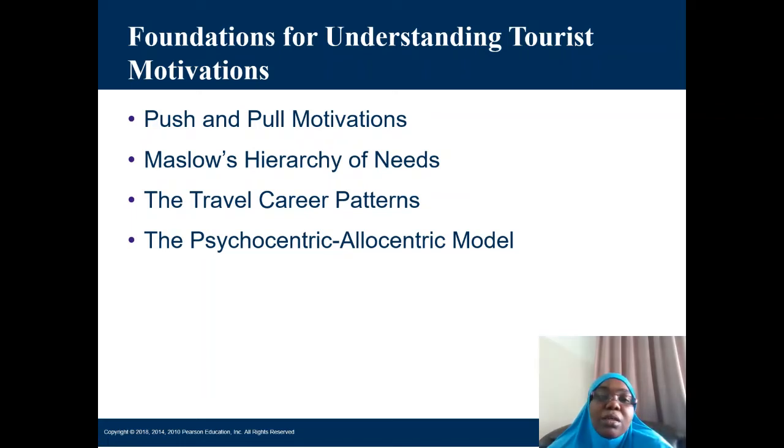And this includes the push and pull motivations, Maslow's hierarchy of needs, the travel career pattern, and the psychocentric-allocentric model. So all these are foundations for understanding the psychological reasons why people actually travel. We're going to take them one after the other after the slide.